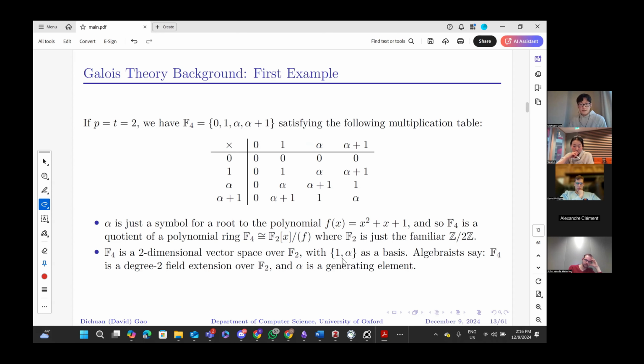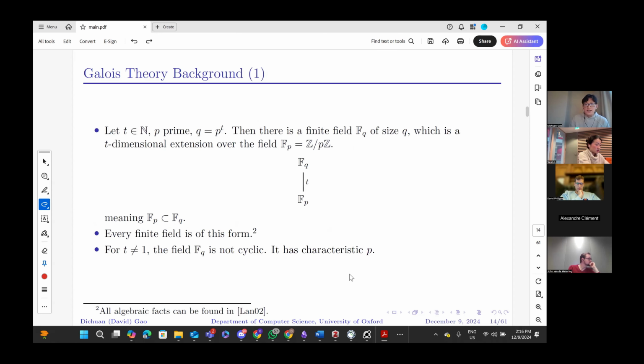And you can see that each of these 4 elements is really just like a length 2 vector where each entry is either 0 or 1. And algebraists would say that F_4 is a degree 2 field extension over F_2, and alpha is a generating element. Okay, so that's the example. Now let's talk in generality.